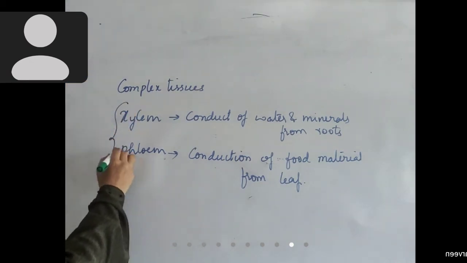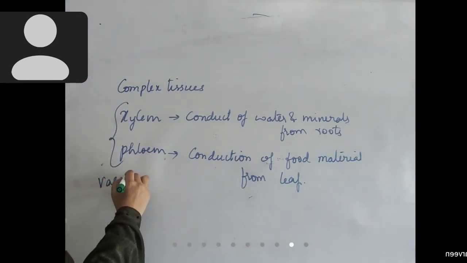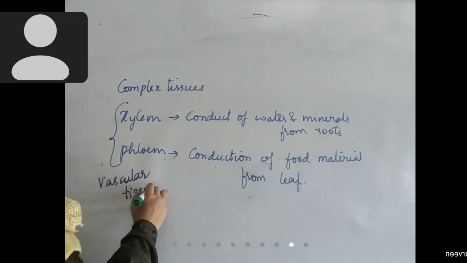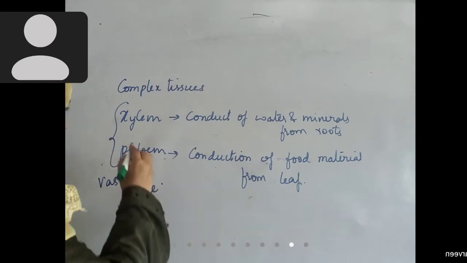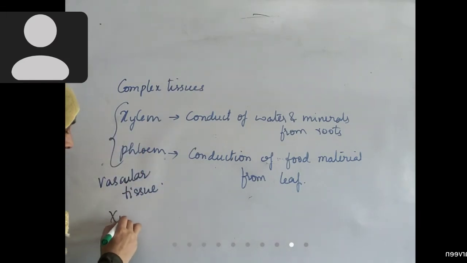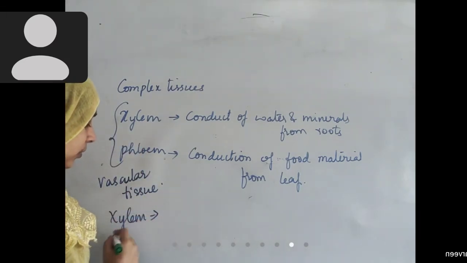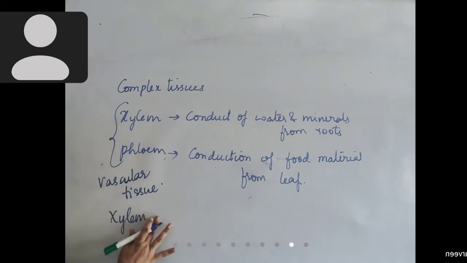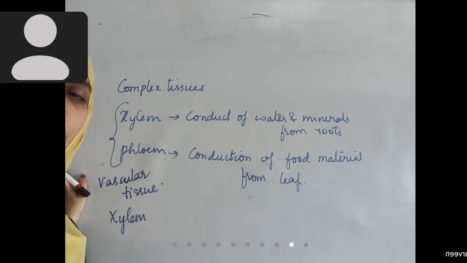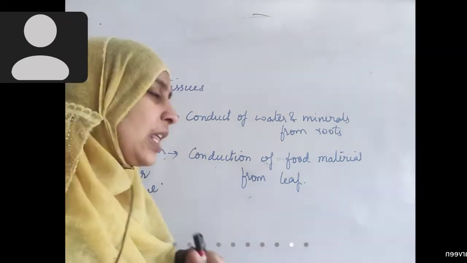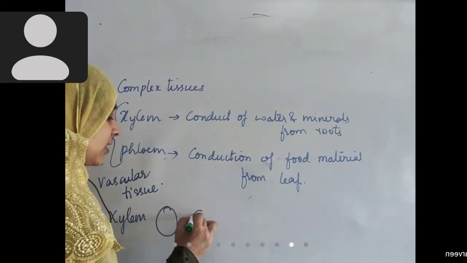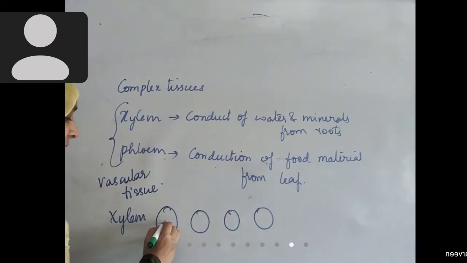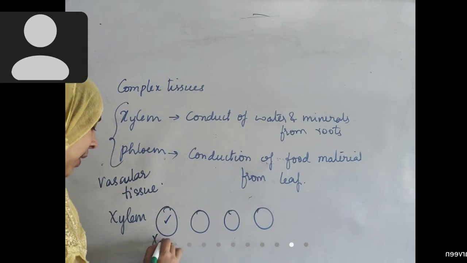Both of these are called vascular tissue. Vascular tissue means which helps in conduction of substances. Xylem is divided into xylem parenchyma. This is not classification. When I told you about complex tissue, I said that there are different sets. Complex tissue has different sets of similar looking cells. The first set of cells is xylem parenchyma.